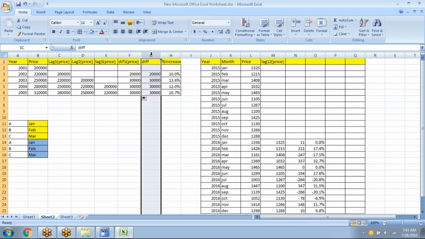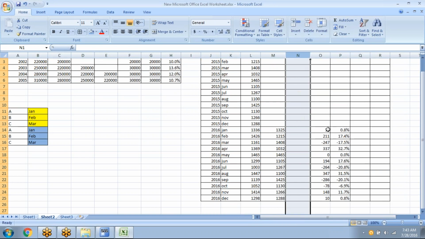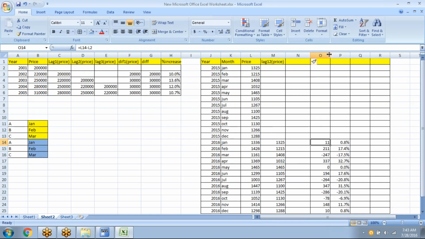Now let's say if you say diff 2 of price, or in this case let me talk about here. So how I got this difference 11 and all, how I got, we have to apply. You can also alternatively use, instead of lag function, instead of lagging the values, diff 12 of price. Then what it does is it will take the difference of the current record and it will move back to this 1336.